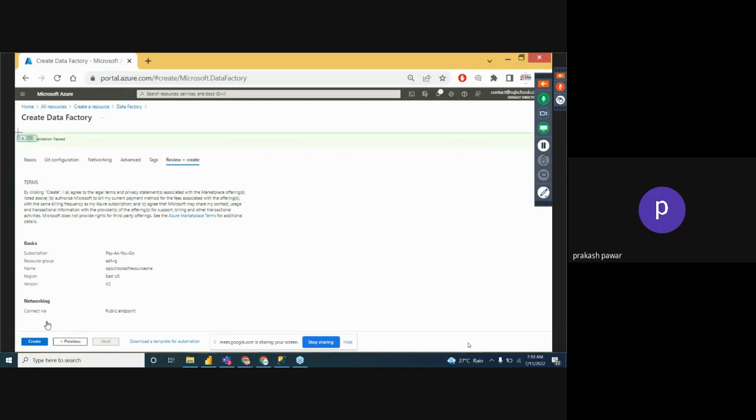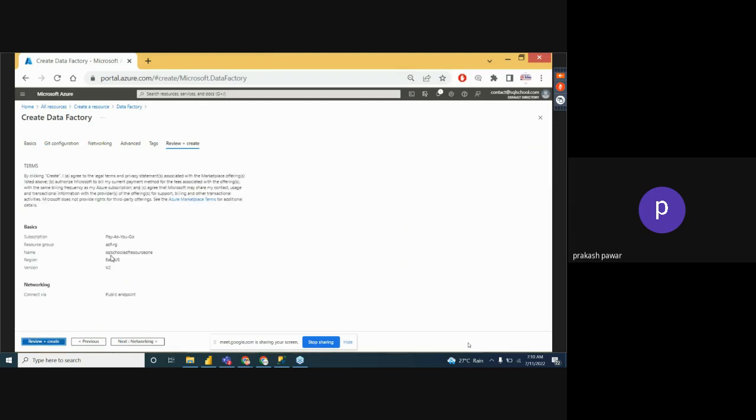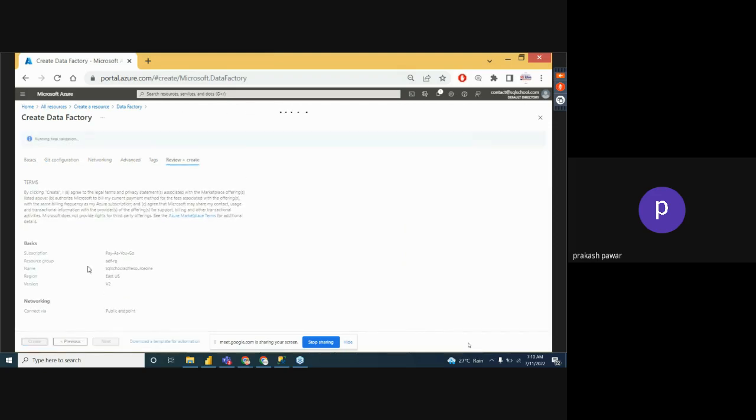If you have a DevOps account, then in the Git configuration, you can provide the Azure DevOps account details over there. If not, configure later. Review plus create. Just click on create.